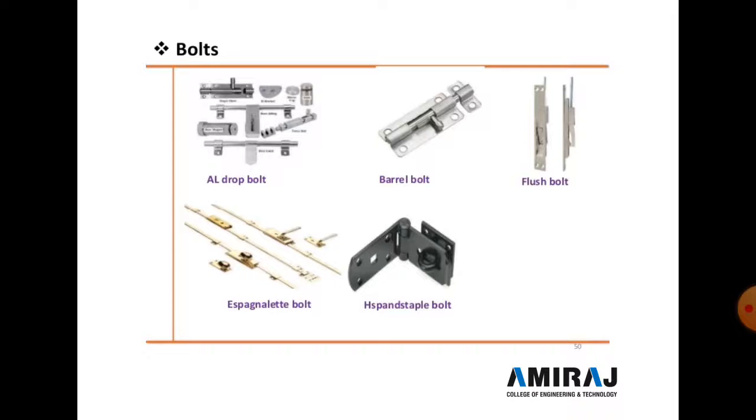Of all these types of bolts, the barrel bolt is generally used in our residential buildings. The barrel bolt is provided in a window at the top and bottom part, and this type of bolt is also provided in a door at the topmost part.